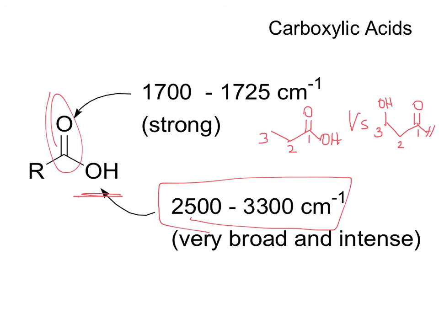But if you look at it with face value, you would say, well, I see a C double bond O, I see an OH, so they technically should show a very, very similar IR. But realize that the location of the bonds in this particular compound is going to play a very important role.